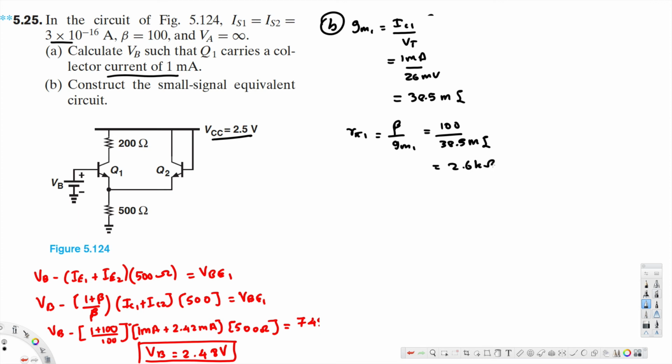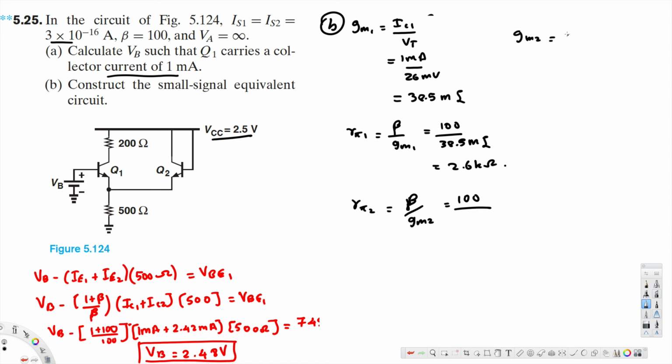that gives us 2.6 kilo ohm. And r-pi2 is equal to beta divided by GM2. Let's calculate GM2 first.